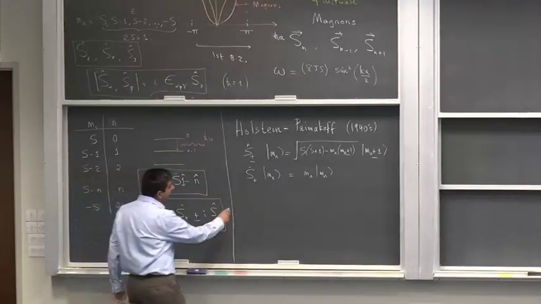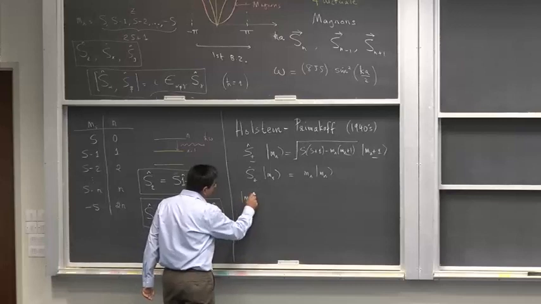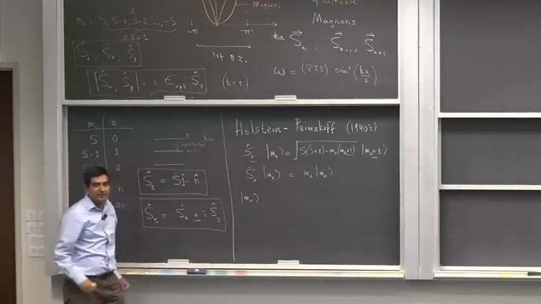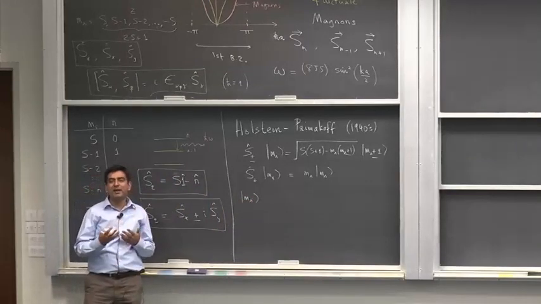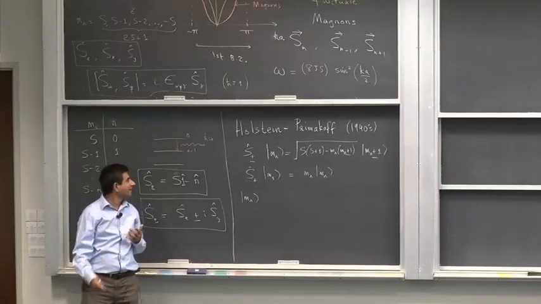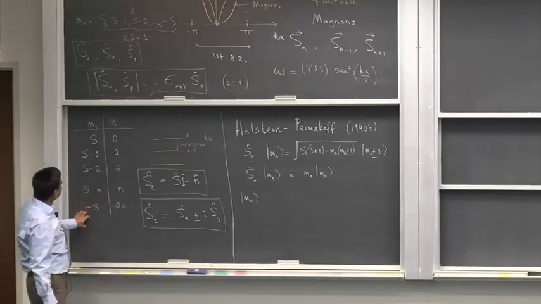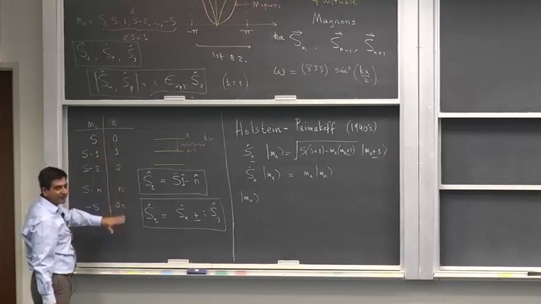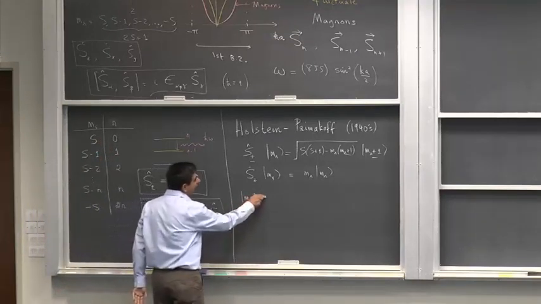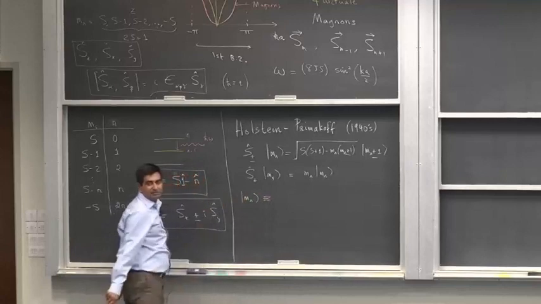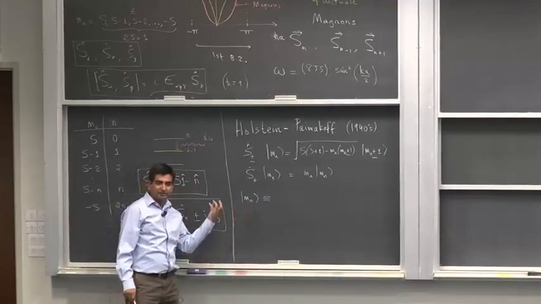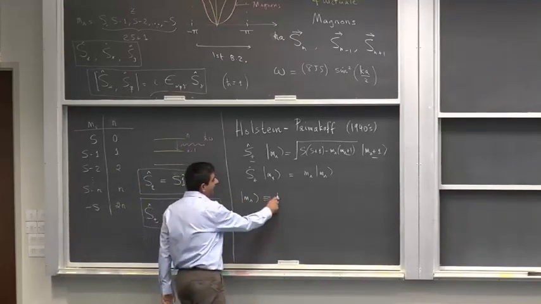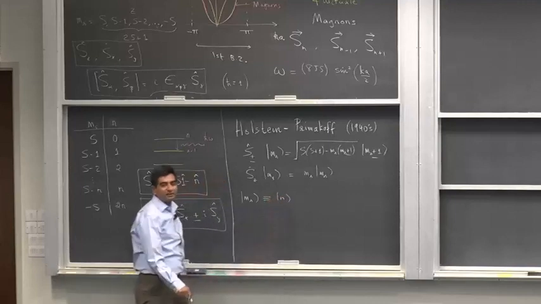Now if I have an angular momentum projection ms, this corresponds to a certain number of magnons. This is just a label. This is a quantum state. I could label this as n, where n is the number of magnons.